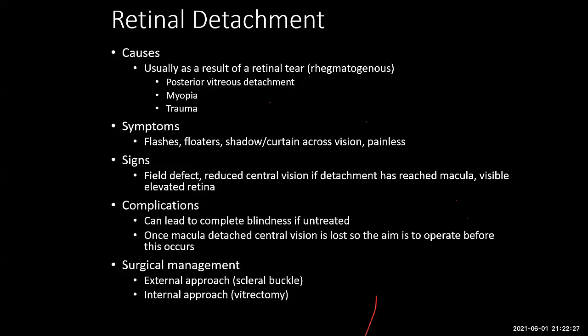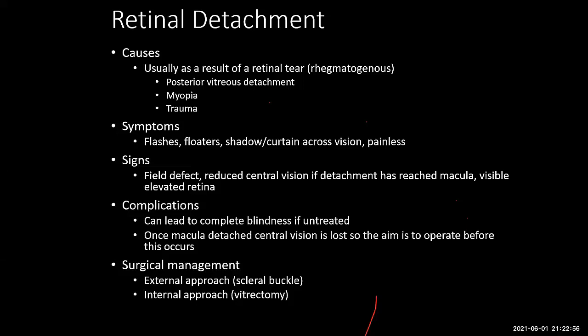Now, that's a very, very important sign. Because once the macula is detached, central vision is lost. You may be too late. If you can detect the detachment before the macula is off or macula is affected, the prognosis of surgery is very good, much better.